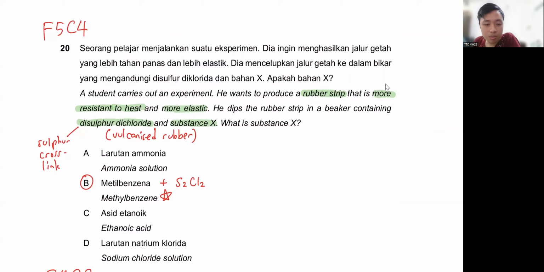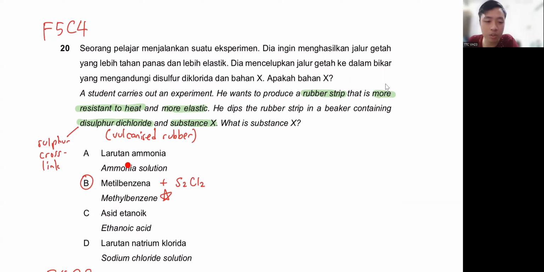Question 20 is Form 5 chapter 4. So it's B. This one is talking about the difference between unvulcanized rubber and vulcanized rubber. Remember, how does it become vulcanized rubber? You have to dip the rubber strip into disulfur dichloride and methyl benzene.